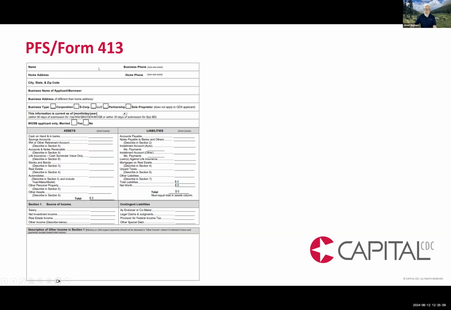So I would say, please fill it out thoroughly. The version of this form that we have can be filled out electronically, so you don't have to fill it out by hand. You can type it in, and then you print it at the end and sign it. But so, give them your name, your business phone, if you have one, or home phone, etc. Fill it out fairly completely.